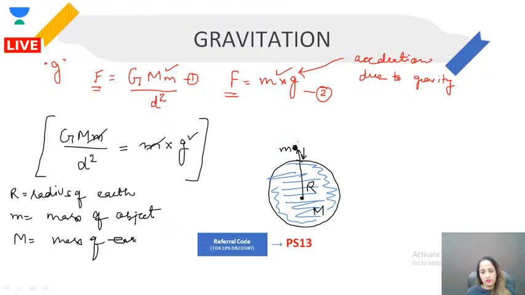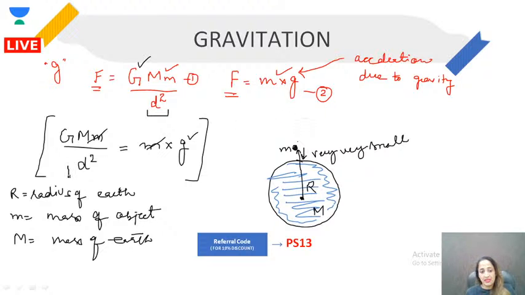mass of Earth. So guys, now you have to understand this, because when we calculated this g, right, at that time we considered the square of the distance between the center of the two objects, right? Now as compared to the center of the Earth, this distance is very, very small, right? So we will not consider the center of object from the center of the Earth.